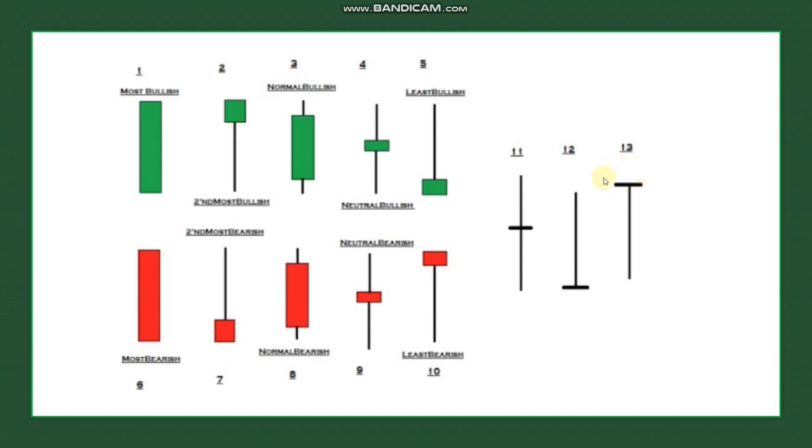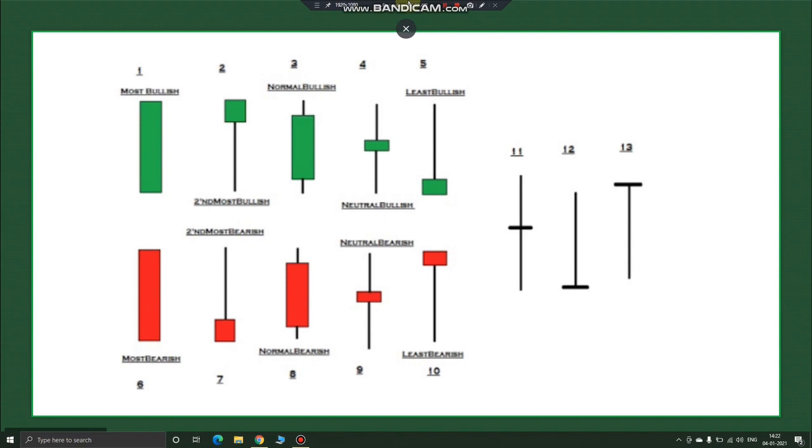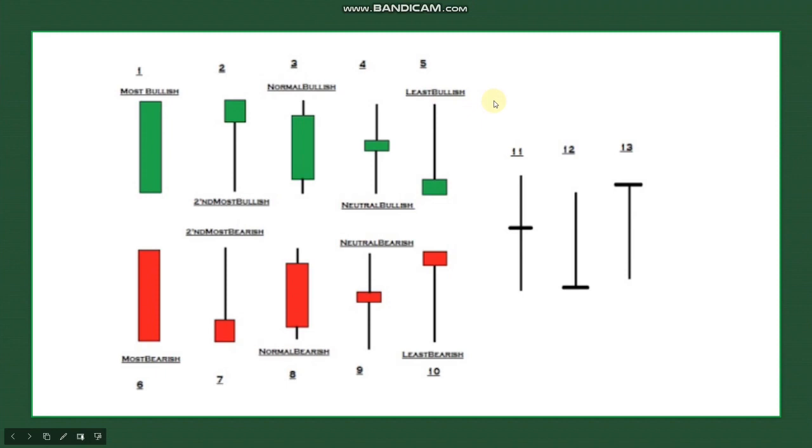So this is how you need to understand the psychology of the candlestick. Price rejections are very important. This is how you need to judge the psychology of the market.